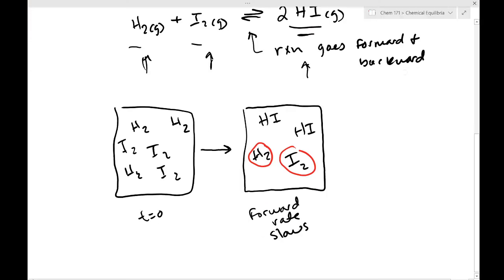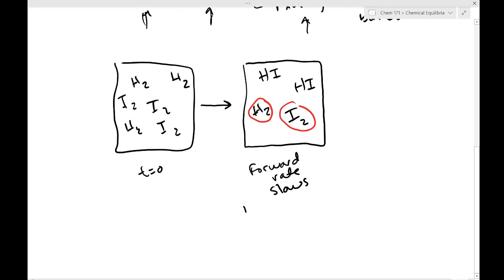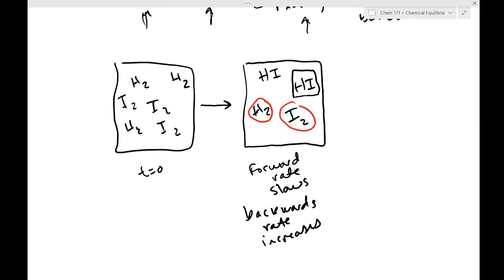At the same time, the backwards rate increases, and this is because there's more HI in the system. So the concentration of HI has increased, so that rate has increased, and the concentration of H2 and I2 has decreased, so the forward reaction rate has decreased.